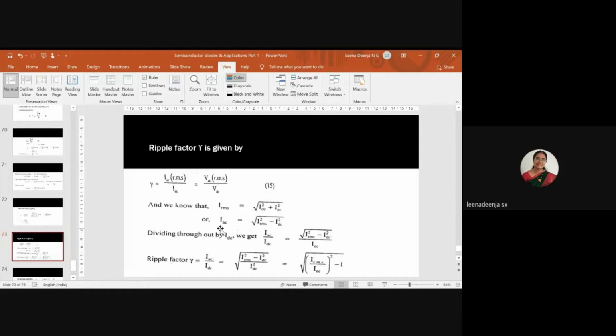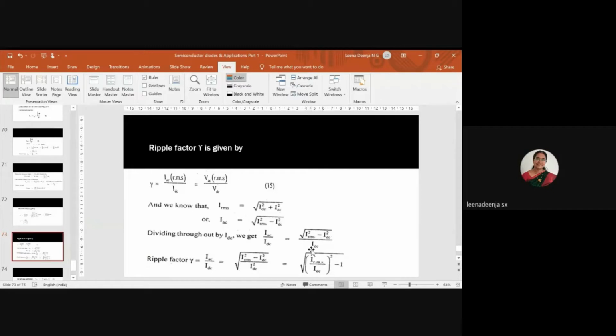So I square AC is I square RMS minus I square DC. IAC is root of I square RMS minus I square DC. So IAC divided by IDC is our ripple factor. So ripple factor gamma is root of I square RMS minus I square DC, divided by IDC.